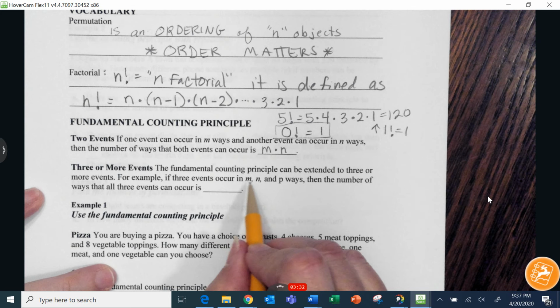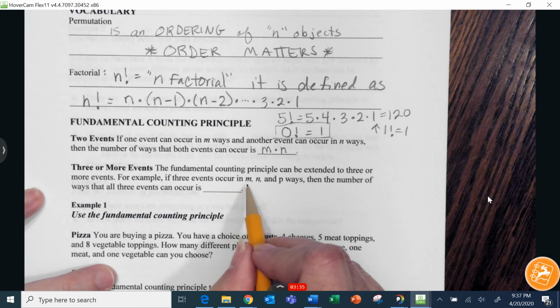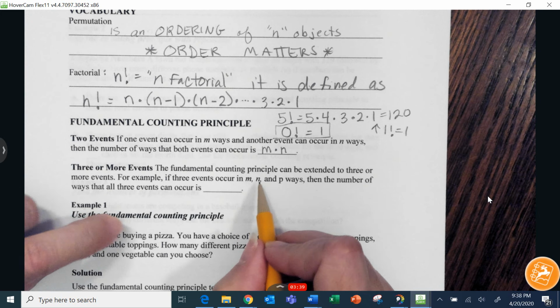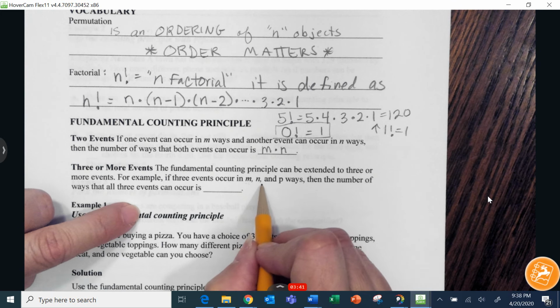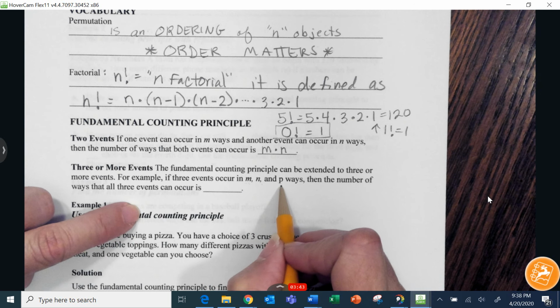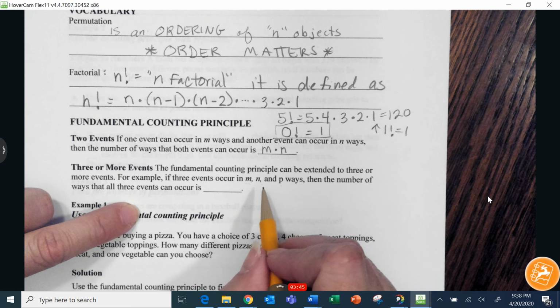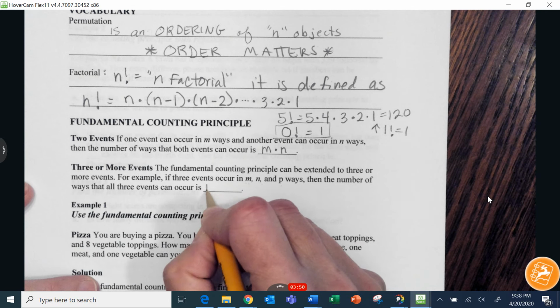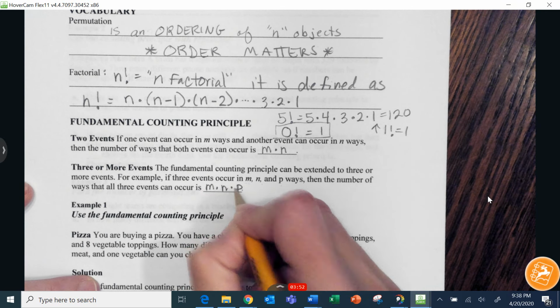So we have 3 events. Each of these events can occur m different ways, and then the second event would be n different ways, and then the third event would be p different ways. To find how many different ways that all 3 events could occur, we would multiply m times n times p.